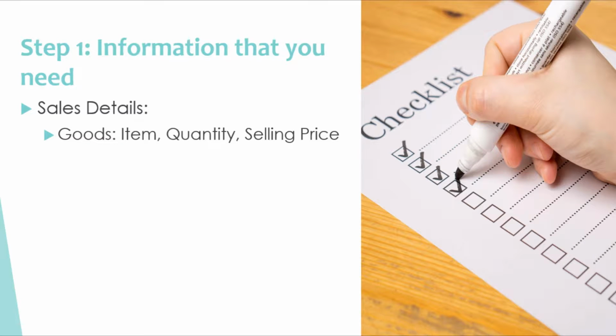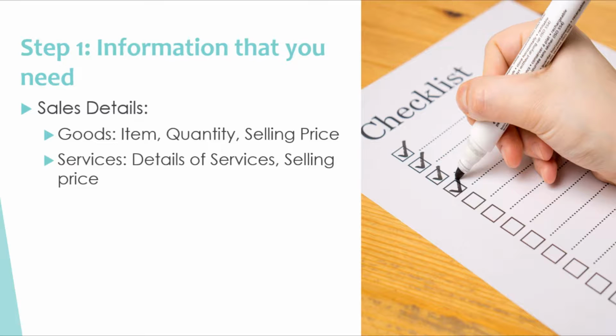And if you are selling a service, you will need the details of your services and your selling price. And the tax code if you are registered with any sales tax such as VAT or GST. This one you may check with your accountant for the correct tax code to use in your tax invoices.